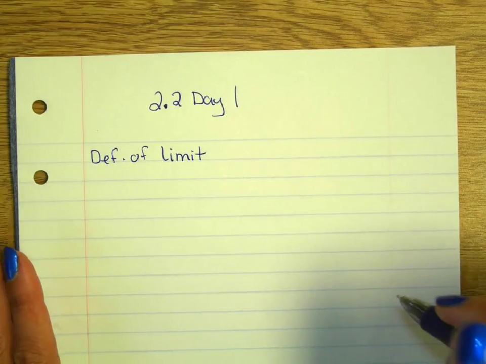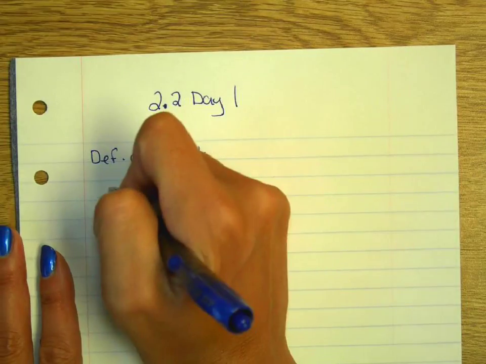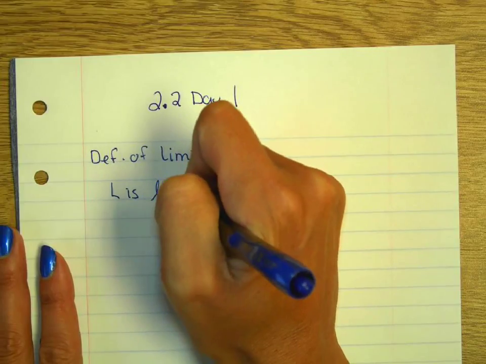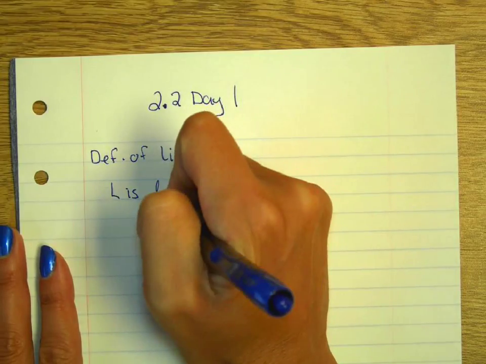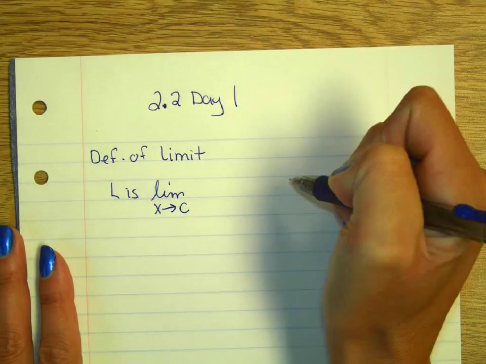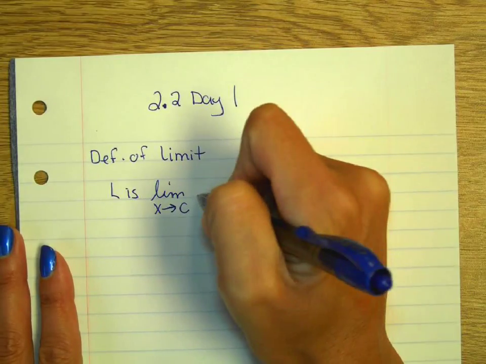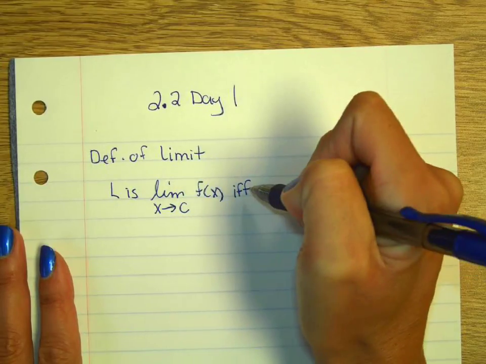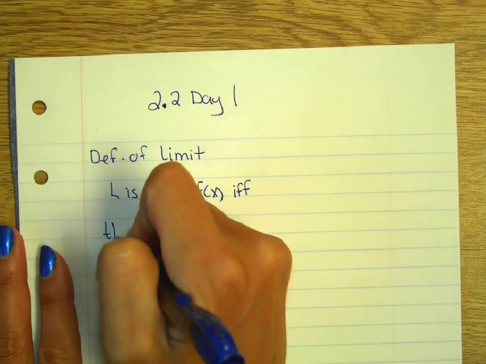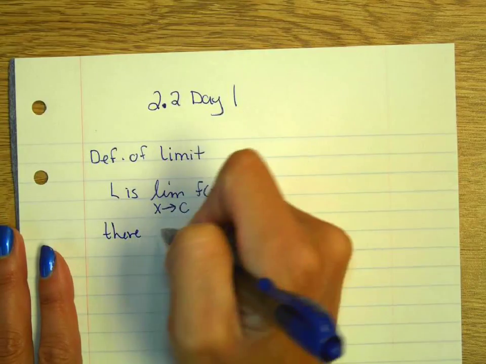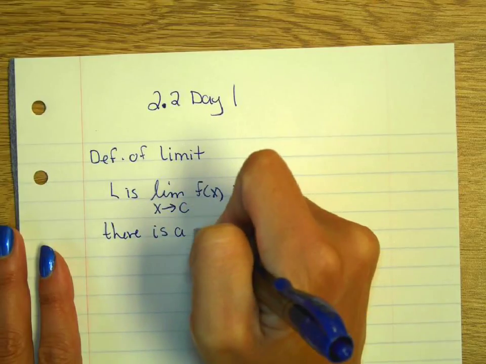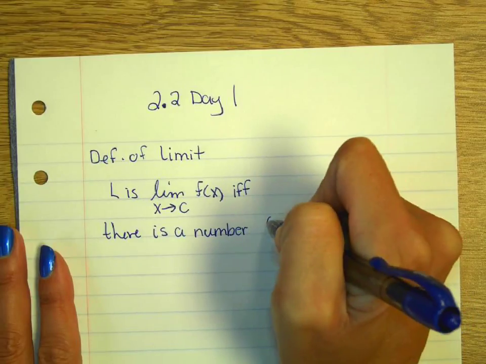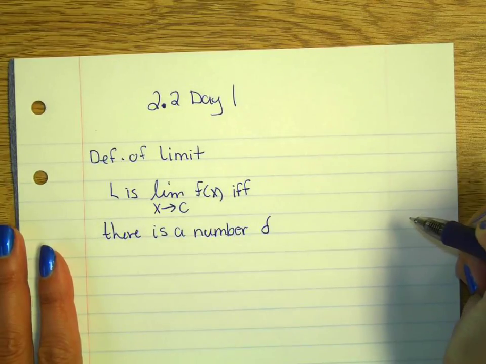There's a good chance you're going to have to know this definition. And the way it starts out, it says L is the limit as x approaches c of f of x if and only if there is a number delta, and we're going to use the Greek letter, lowercase delta.